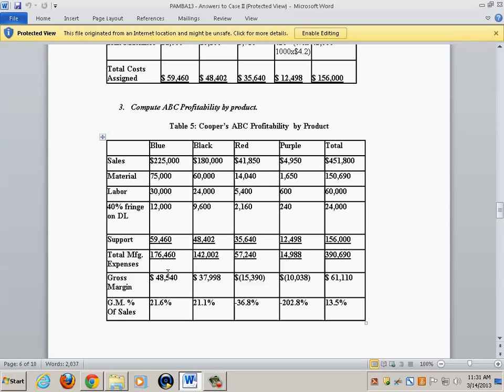Dilemma now before management: different sets of cost and profitability numbers for the products. Which do we go by with decisions?